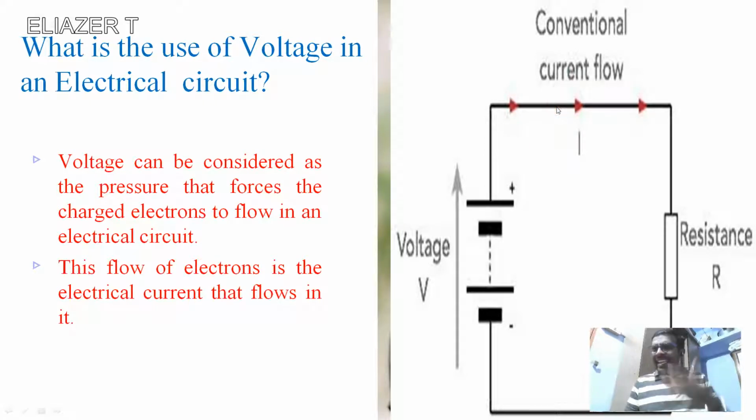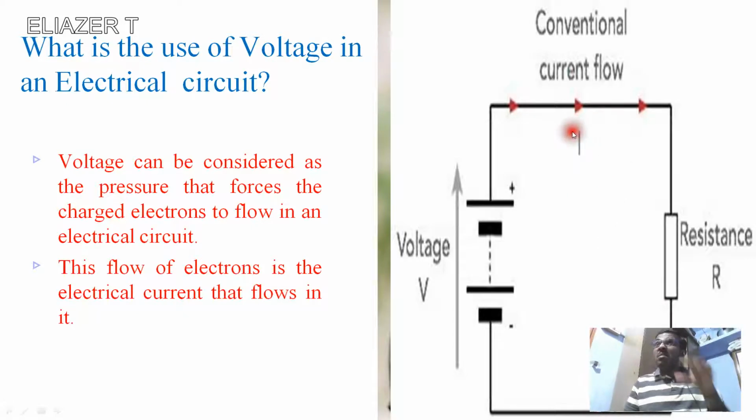Because of the voltage. Indirectly, at the back of this current flow, there is work done in moving the charges from this place to this place, and here to here. So the movement of charges is done with the help of the voltage.